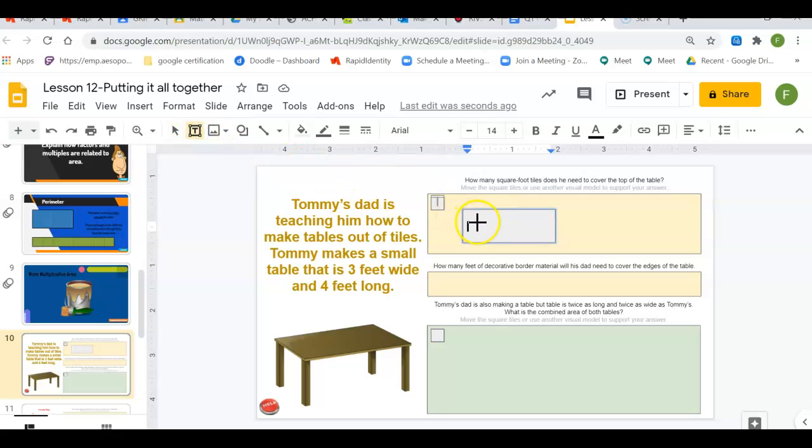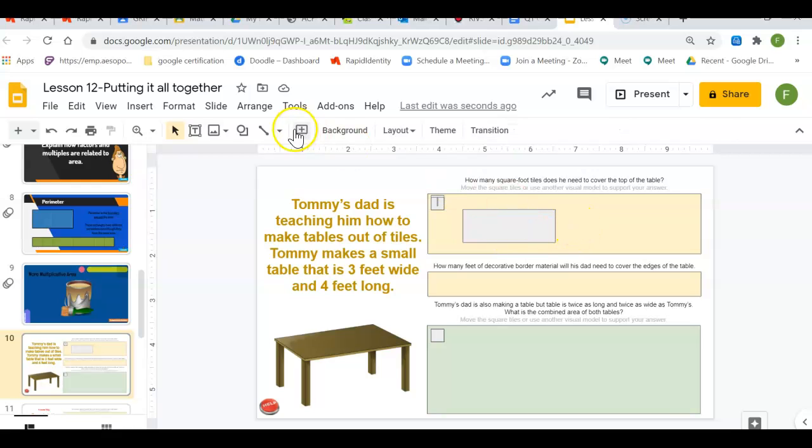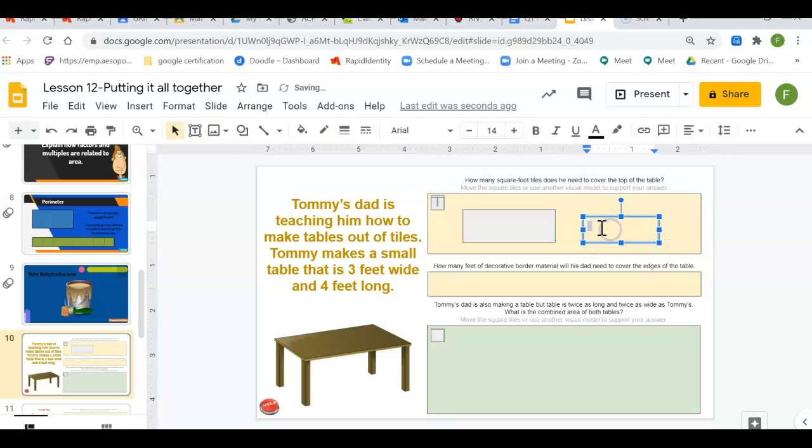So you go to the text box and you can type in whatever you need if you're typing inside, or you can build a text box on the outside to type in answers, okay? So we're going to pause for a few minutes and I'll give you an opportunity to work on these.